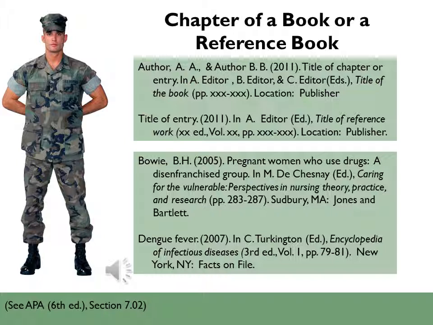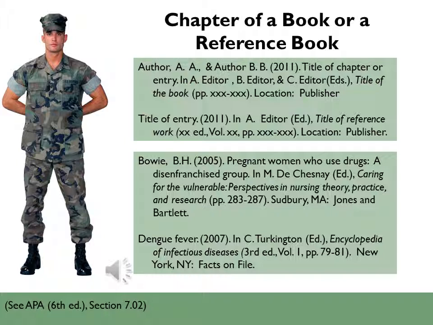In the case of the title of entry, if you're using a reference book, if there isn't an author, then you just begin your citation with the title of the entry. So in the second box where it says dengue fever, you want to list the title of the work, and then you follow with the publication date, and then you follow with the title of the work, which is the Encyclopedia of Infectious Diseases. In this case, this is a third edition.